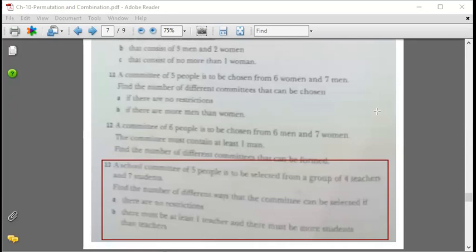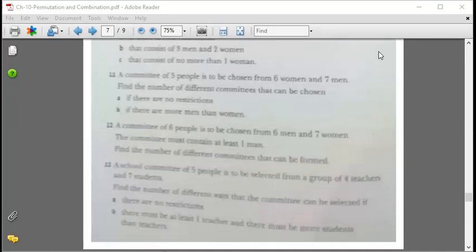There are no restrictions. So we go back to the whiteboard. So we have question number 13 of 10.4.